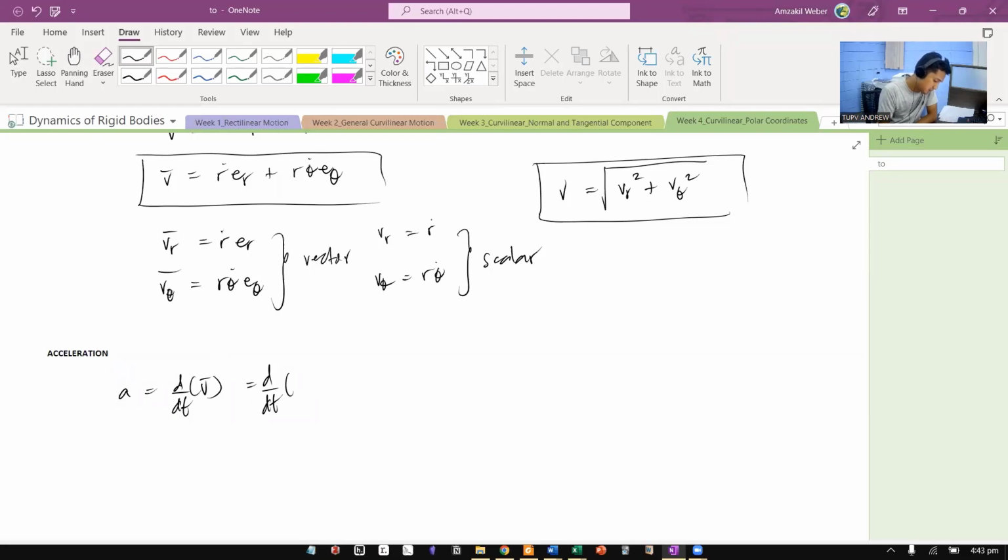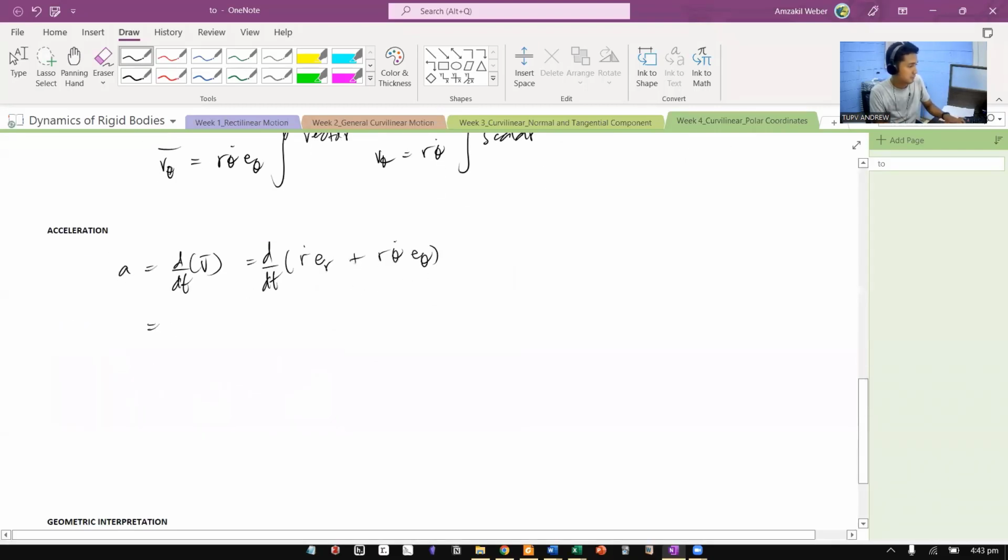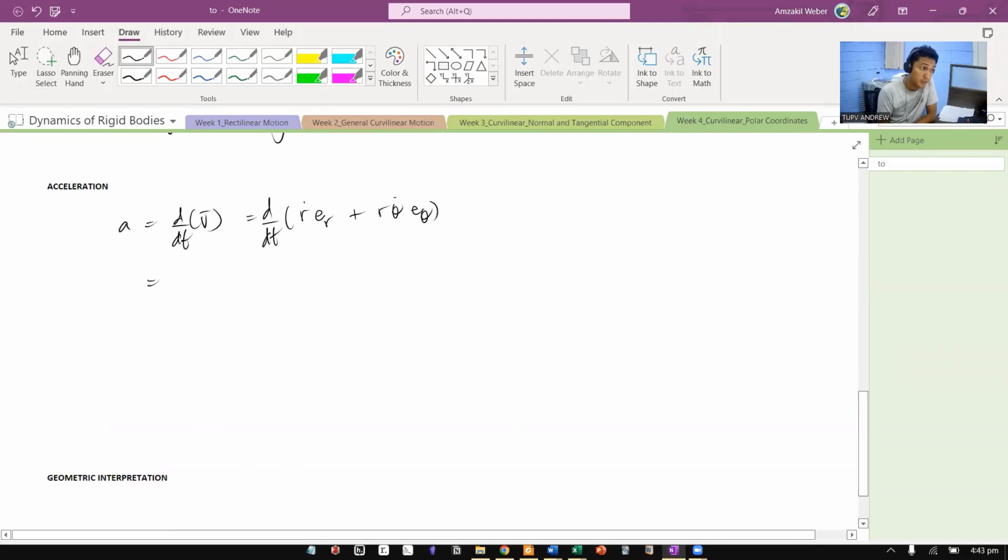So this is r dot e_r plus r theta dot e_theta. The derivation of that uses the product rule.